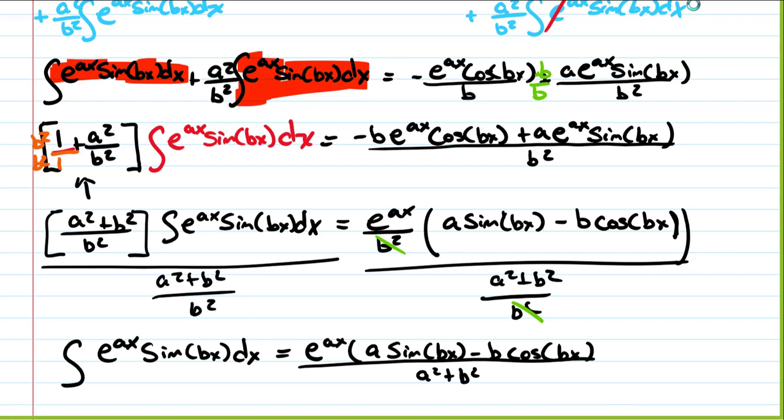This technique will come in handy at other points in our semester to help us resolve some integrals. So just for right now, keep that in mind. If you end up with something that looks the same on both sides of an integral, collect it up, right? Add them to both sides and solve for it.